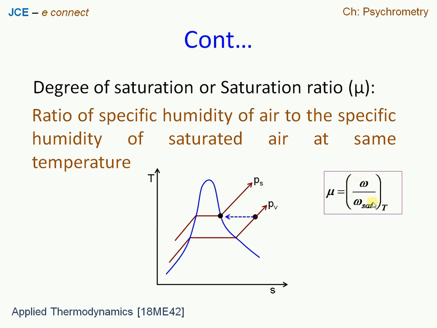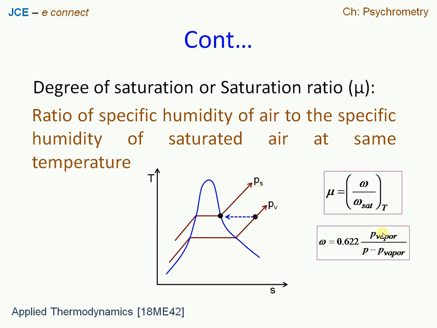This ratio implies this process. We have the equation which we have earlier seen for the specific humidity as 0.622 times the partial pressure of vapor to the total pressure minus the partial pressure of vapor. Now as the sample at state point 1 approaches and takes a new position, state point 2, the partial pressure of vapor becomes equal to the partial pressure at saturation condition.